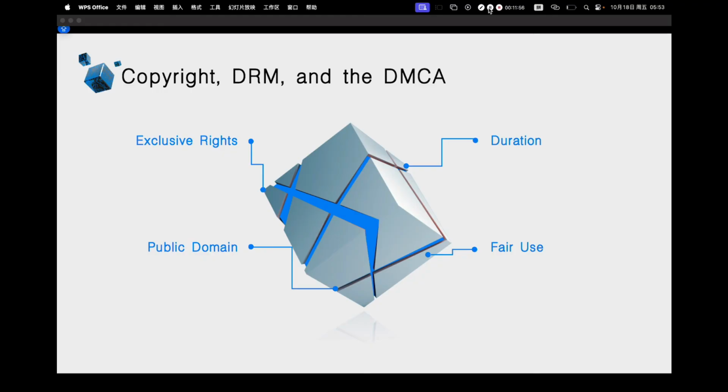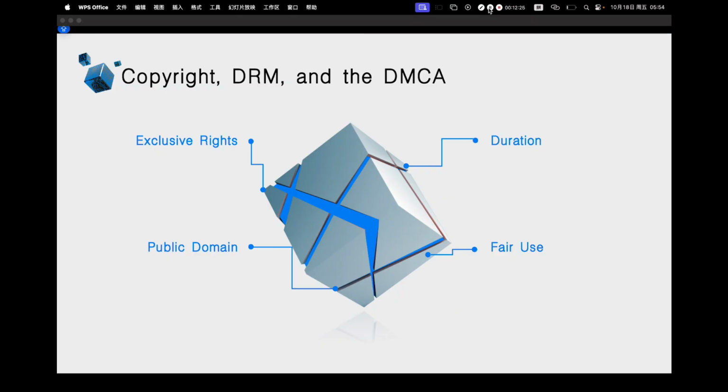Exclusive rights are what copyright law grants to creators over their original work. These rights are a set of legal protections that give creators control over how their work is used. They have the total right to do whatever they want with their own work, like reproduction, distribution, and derivative works.